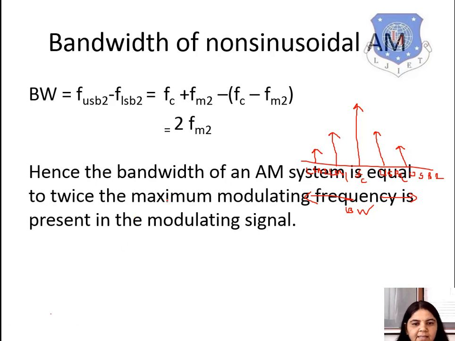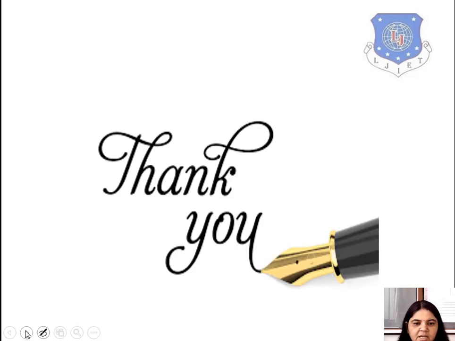So we can say that the bandwidth of the AM system is equal to twice the maximum modulating frequency. So this is about the bandwidth of non-sinusoidal AM. You can solve the examples based on this from the book given to you. Thank you very much, everyone.